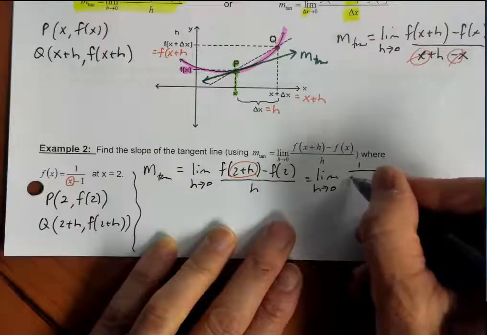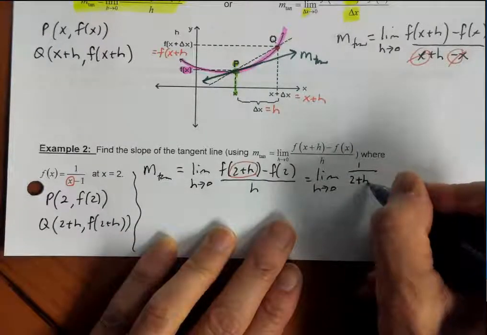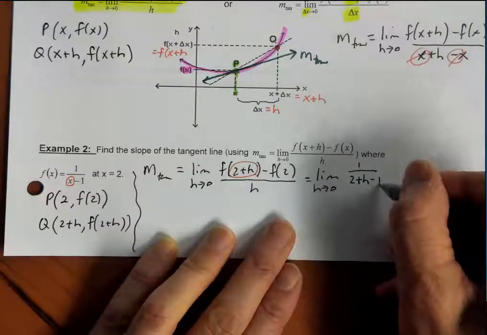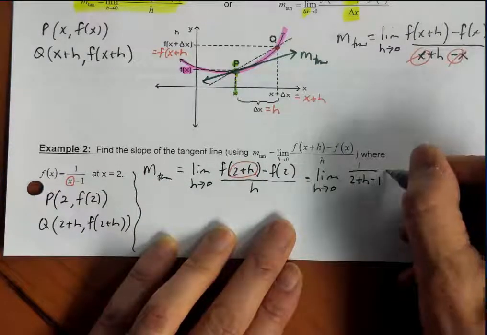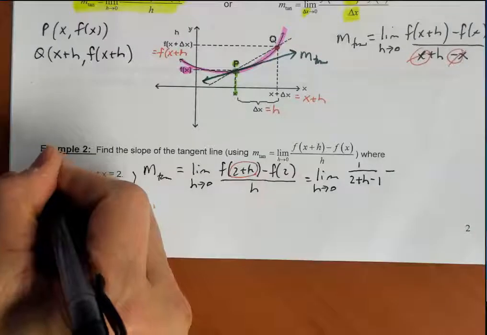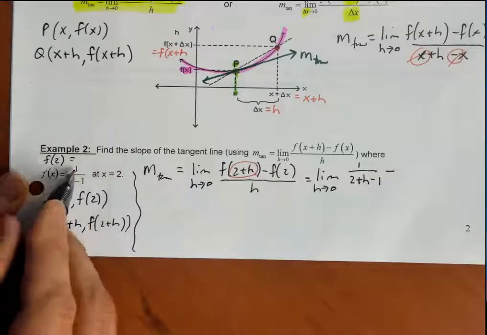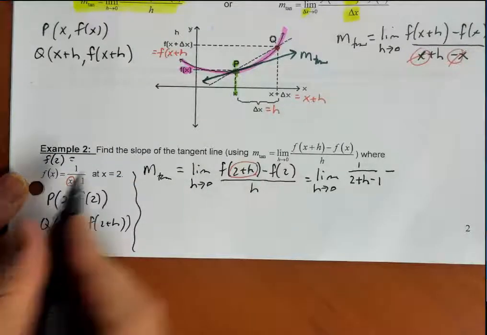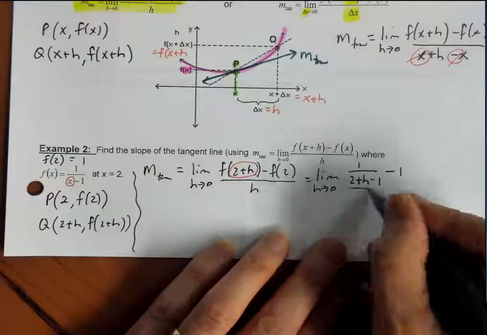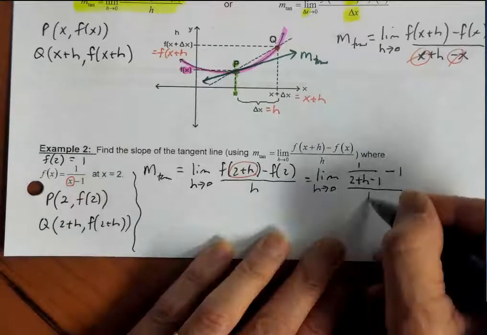So that'll be 2 plus h, and then I still have my minus 1. Then it's going to be minus, calculate f of 2. So what is f of 2? f of 2 is going to be 1 over 2 minus 1, so that's just going to be 1. And then you have minus 1. And then in your denominator, you'll just have an h.